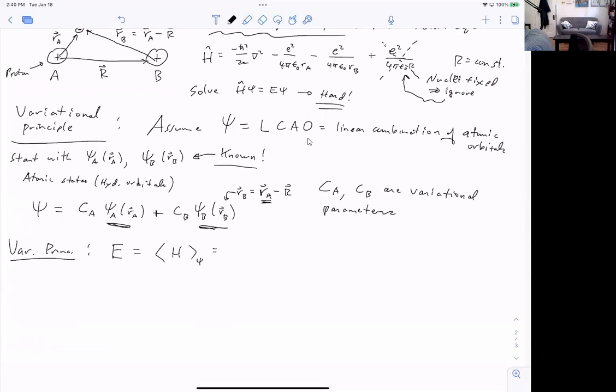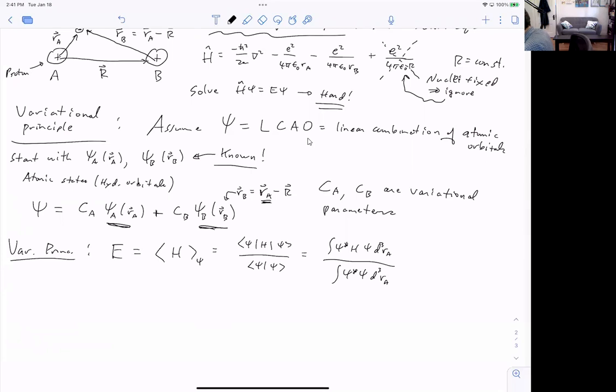We write <psi|H|psi> over, and then you have to make sure that the wave function is normalized, so you divide by the overlap <psi|psi>. And if you have forgotten bra-ket notation, I'll just remind you that the thing on top is the integral of psi star H psi d cubed Ra, divided by the integral of psi star psi d cubed Ra.